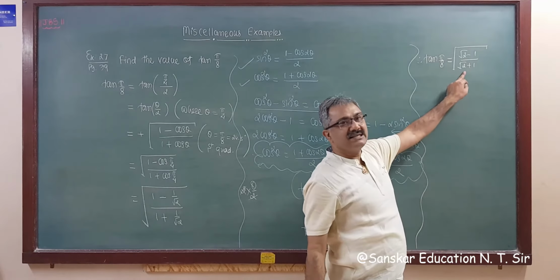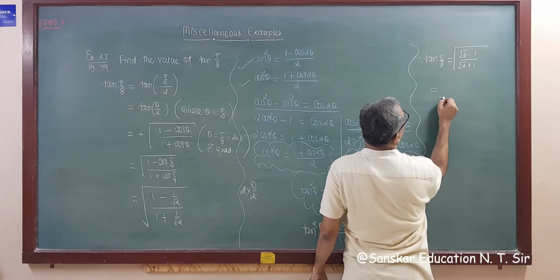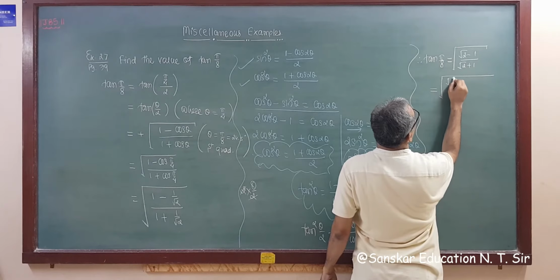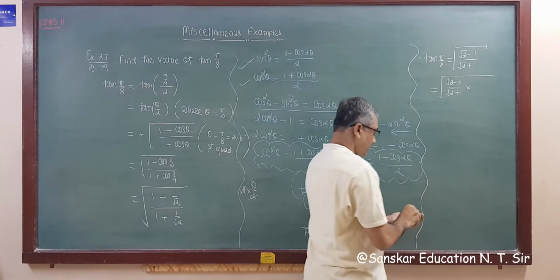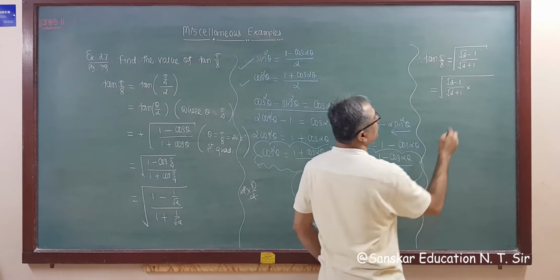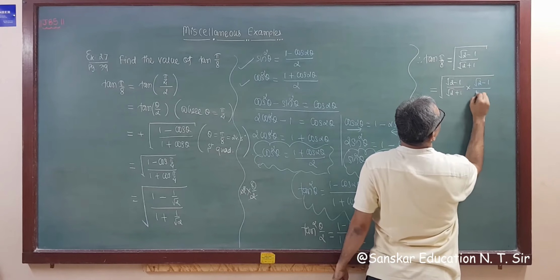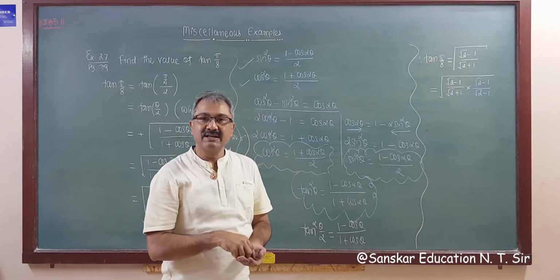So rationalizing this, we get tan pi by 8 is equal to square root of root 2 minus 1 upon root 2 plus 1 into, rationalizing means multiply by root 2 minus 1 and divide by root 2 minus 1. So divide and multiply by root 2 minus 1.